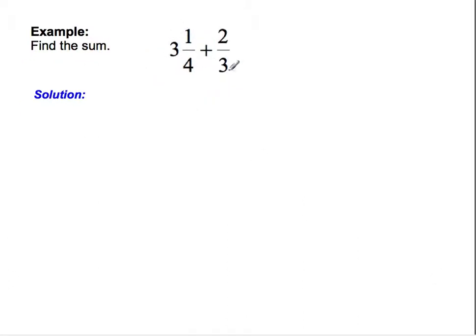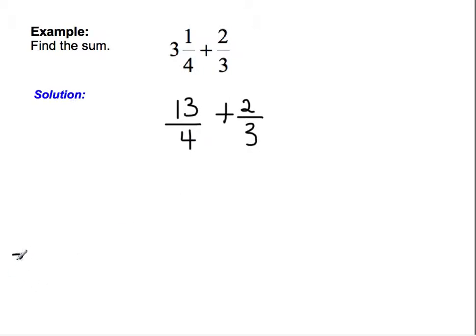Once again, another example. This one's mixed, this one's proper. So we're just going to change our mixed to improper. This says I have 3 whole pizzas that are divided into 4. So 3 groups of 4, which is 12, plus the 1, which is 13 over 4. Okay, we have a pizza divided in fourths and thirds.